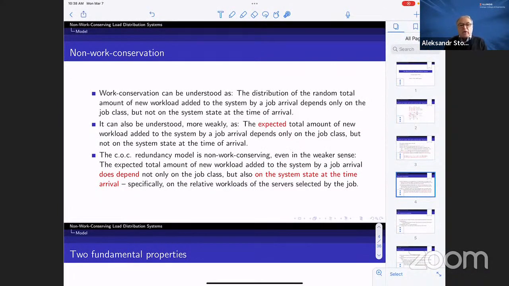You can understand work conservation more weakly as: the expected total amount of new work does not depend on the system state. The system which we are looking at, specifically this cancel completion redundancy, is non-work conserving, even if work conservation is understood in a broad sense.